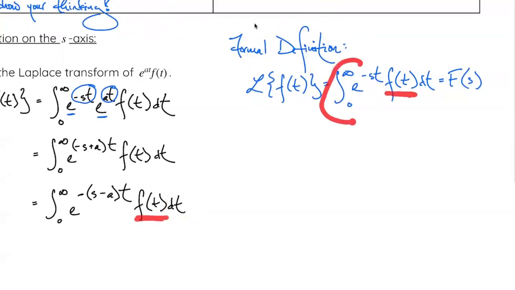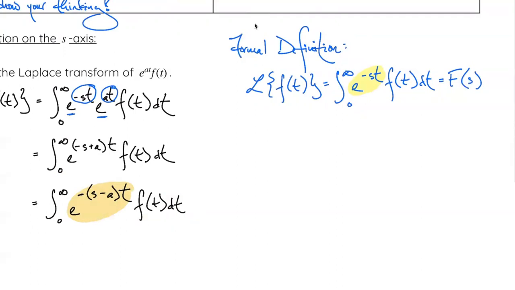We have the integral from 0 to infinity, which happens in both. And the one piece that is slightly different is in this case, we have e to the negative st, whereas in this case, we have e to the negative s minus a times t, right?